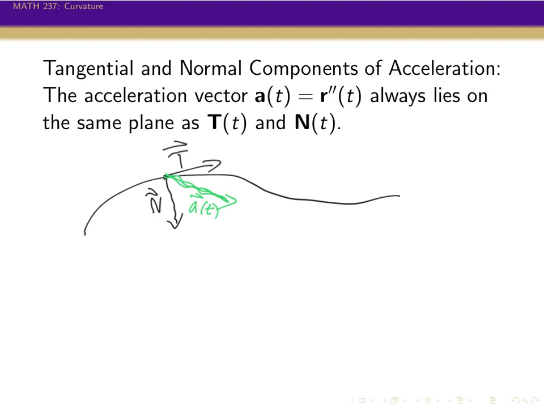If you think about this, the unit tangent comes from taking the first derivative, r prime, and the unit normal comes from taking the second derivative, so it involves r double prime, and that's where the acceleration comes into play.